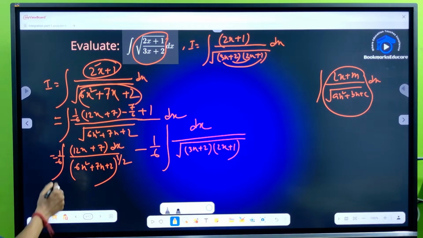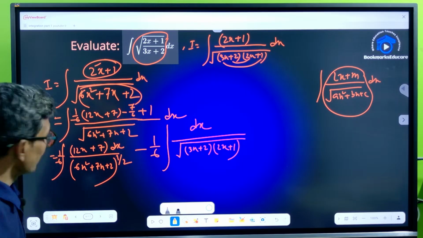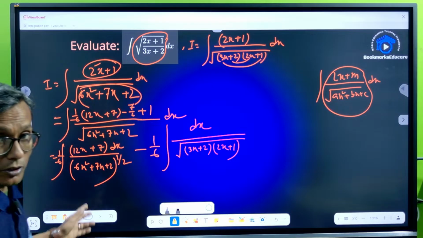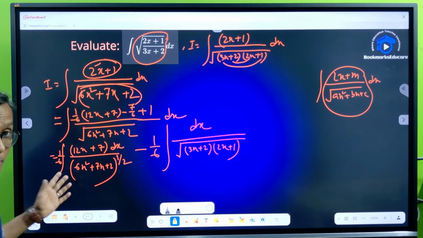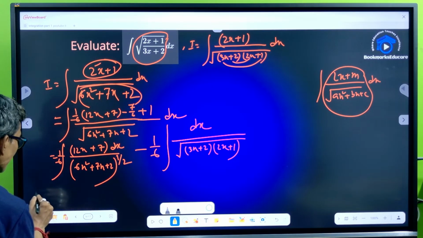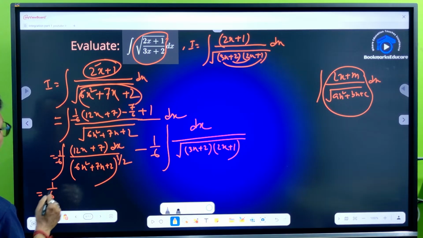So it can be easily found out with the help of method of substitution. 1 by 6.